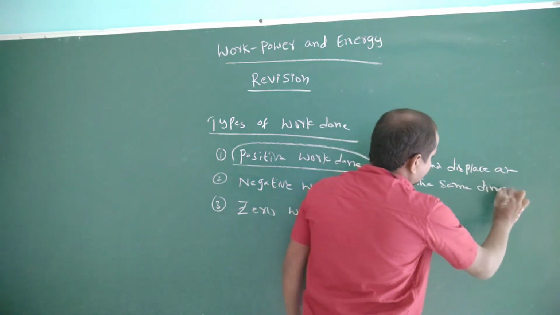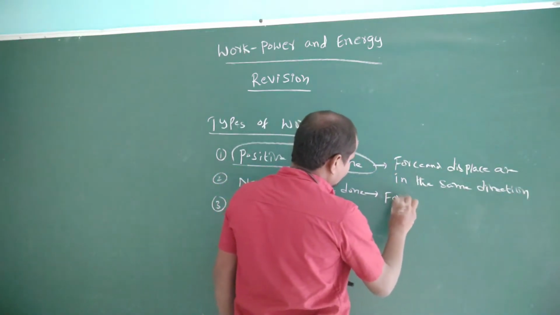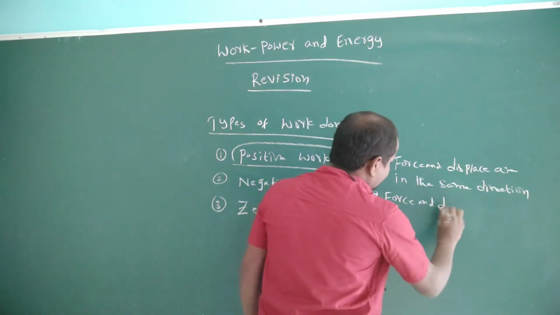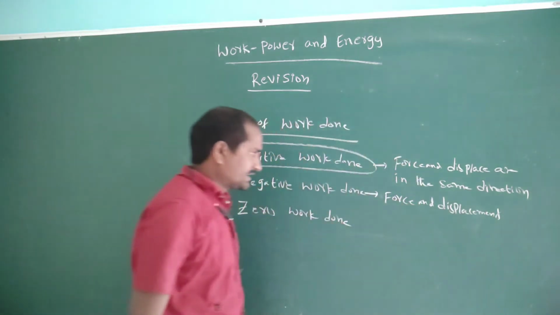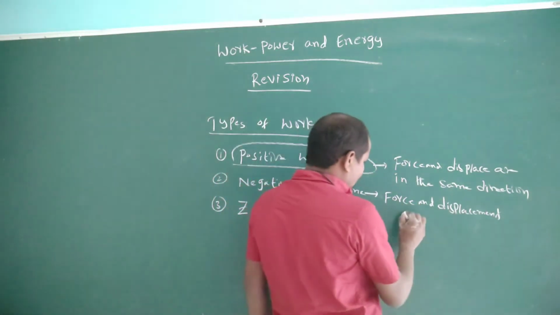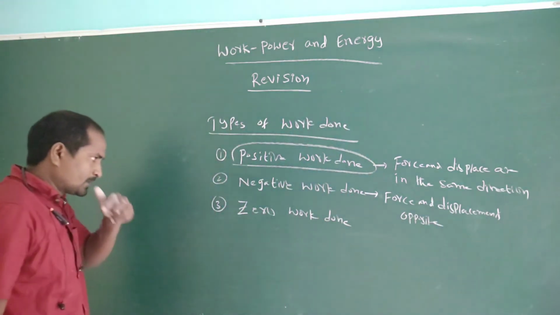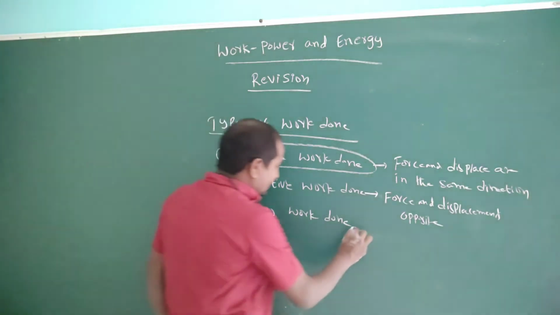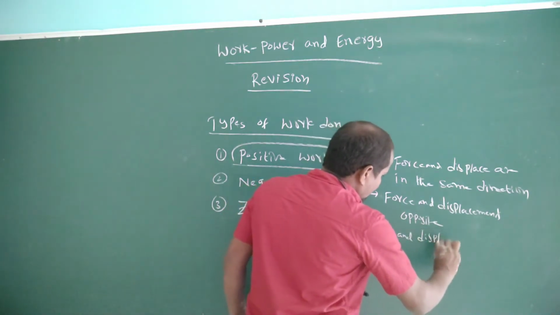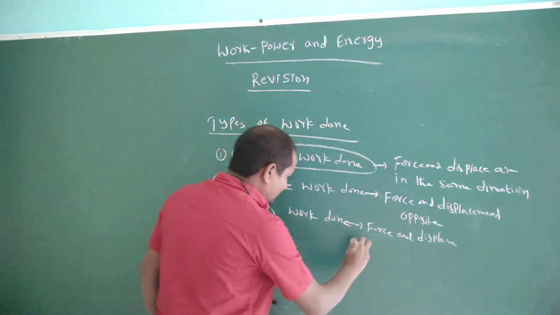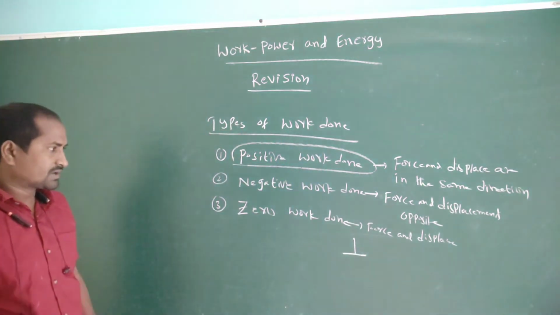Next, negative work done means force and displacement both are in the opposite direction. Then the work done is called negative work done. Zero work done: force and displacement both are perpendicular to each other. Then the work done is zero.